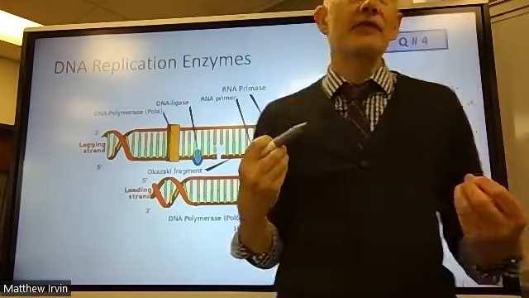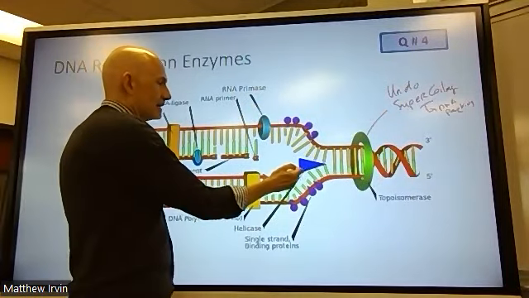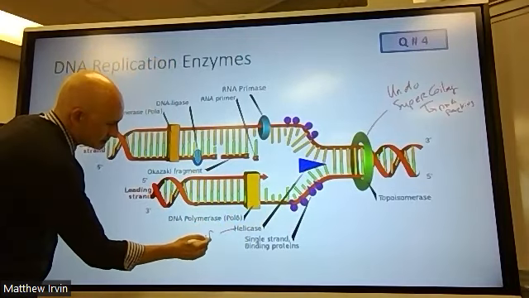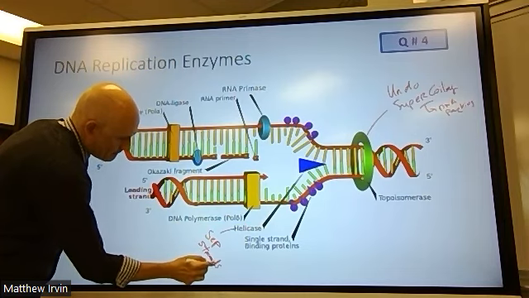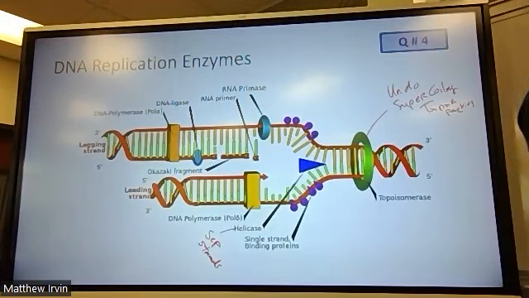And so after we undo the supercoiling, then the helicase is going to separate the strands. And when we say it's separating the strand, what is it breaking to separate them? Hydrogen bonds. Correct.